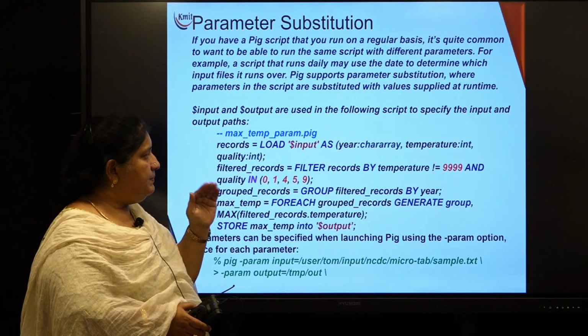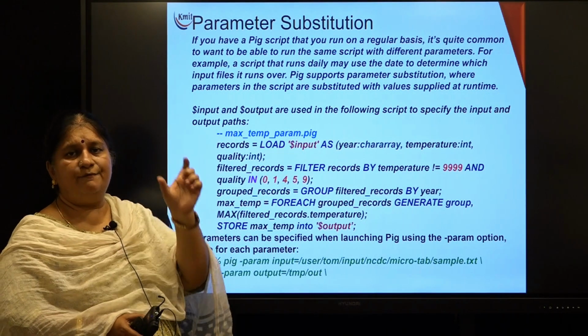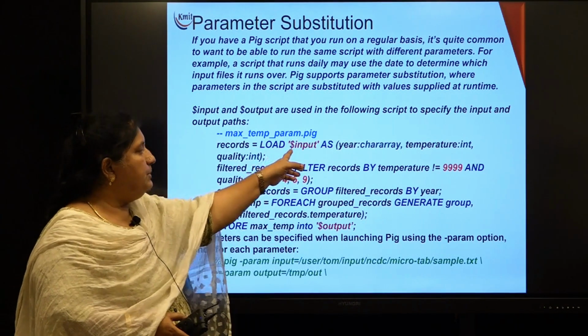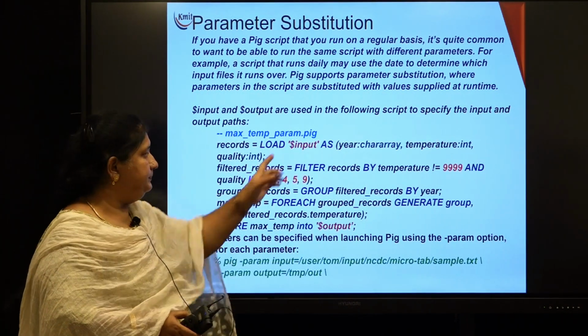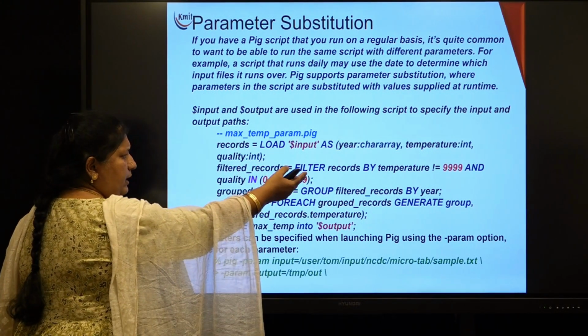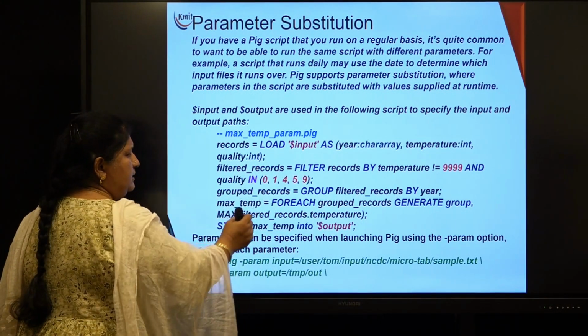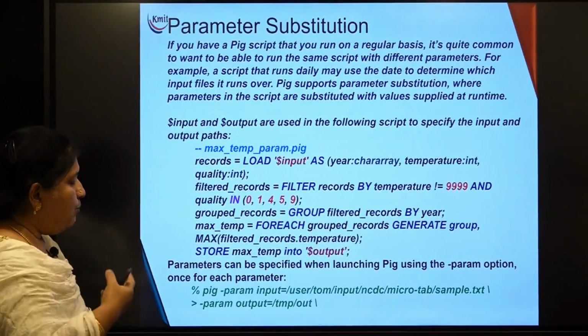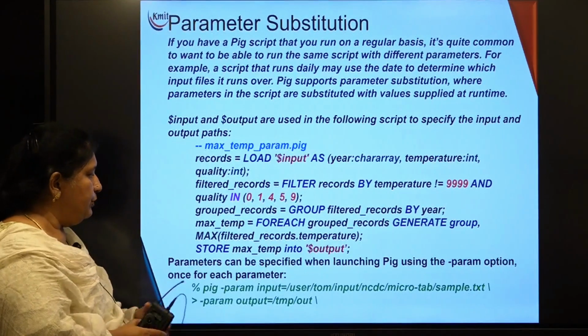So far in the previous examples, you were specifying which data set is to be loaded. You fixed it. Now you are trying to make it a variable, a parameter. Then filtered records, where temperature is not an error value and quality is within this. Grouped records, you are grouping all these things. Now I want to find out the output.